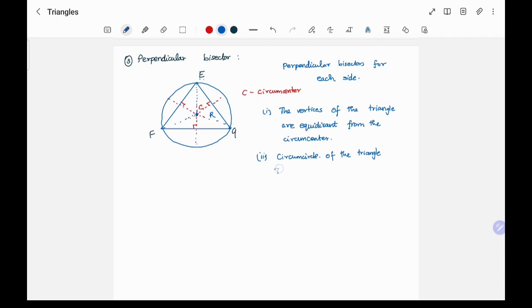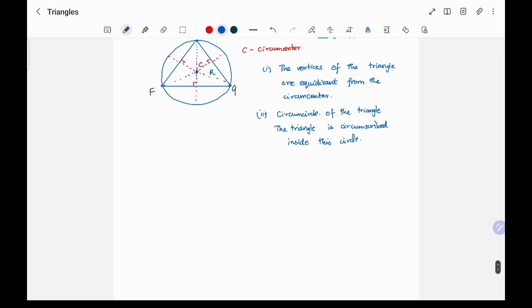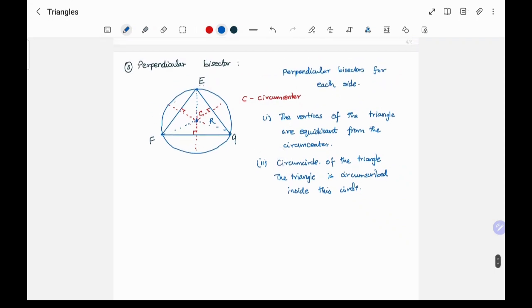And we say the triangle is circumscribed inside this circle. So all properties of the circle hold for this triangle as well.